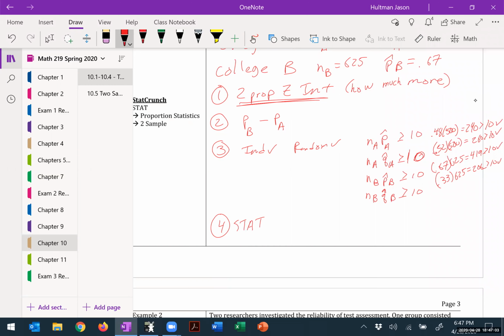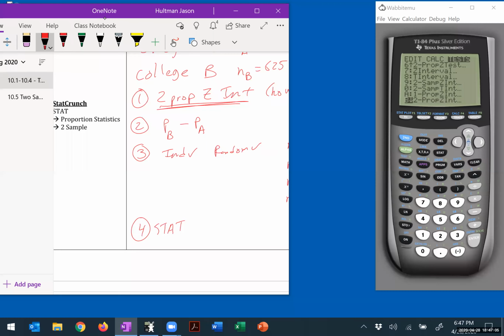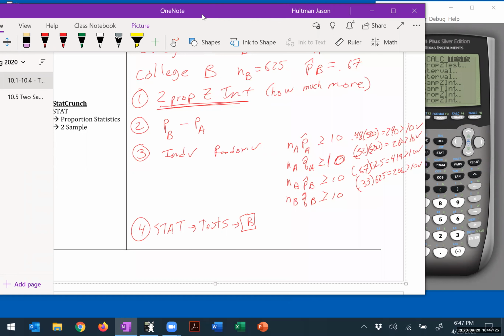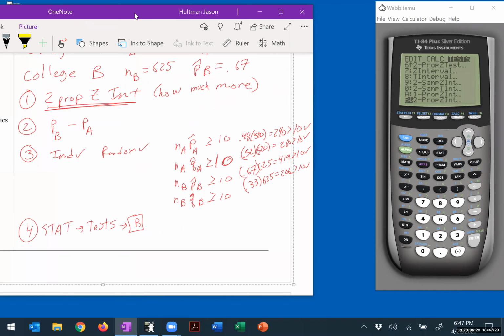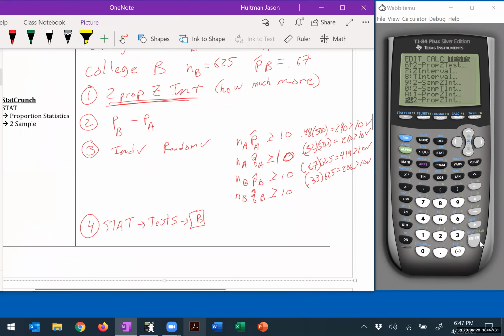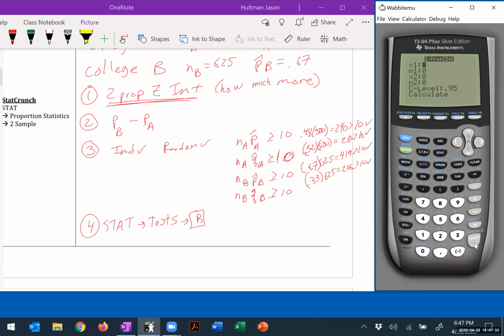Okay, stat, and then tests, and then letter B for 2prop z int. I'm going to hit enter on that, and it's going to ask, what's your X1?